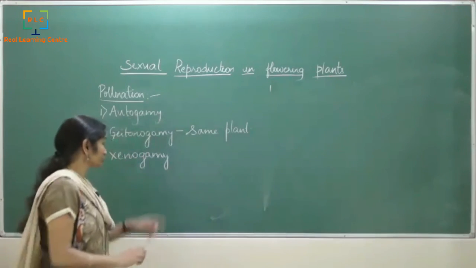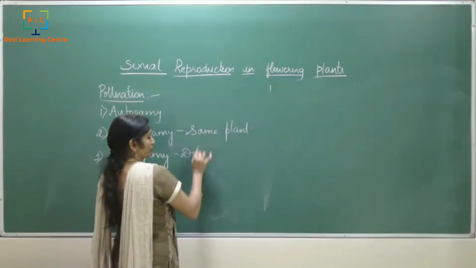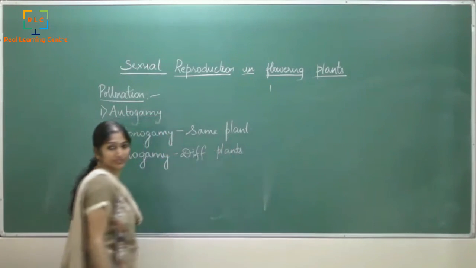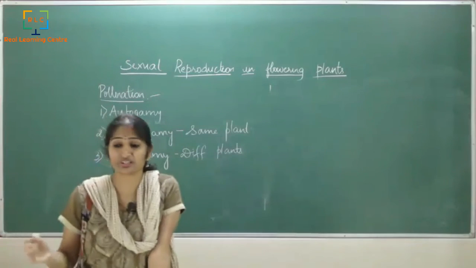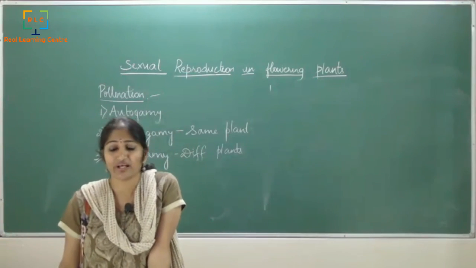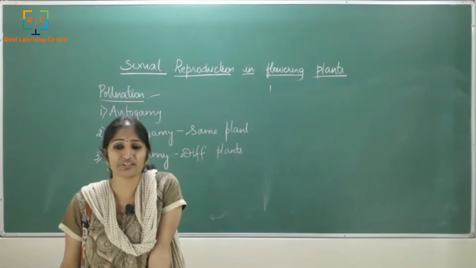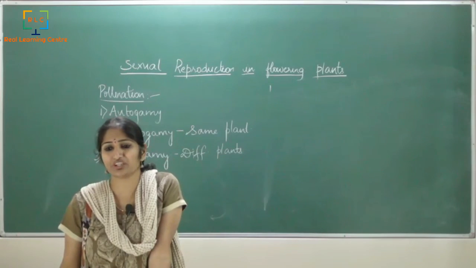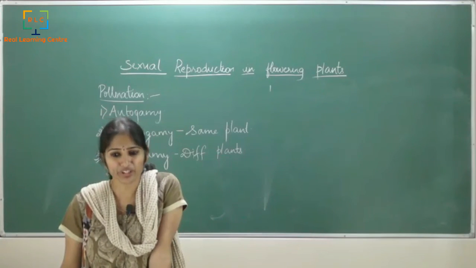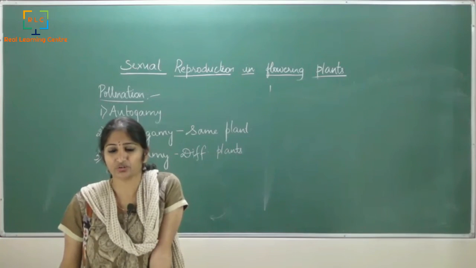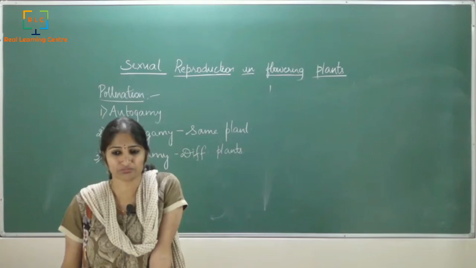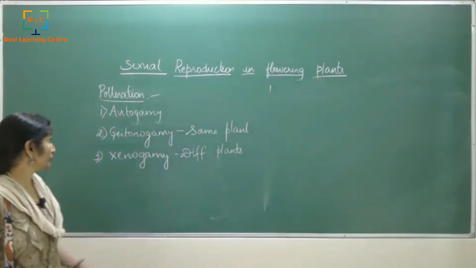Very important, because this leads to the fusion of the gametes from different plants. So they might be genetically different, and since they are genetically different, you see that they have a different ability of adaptation and many more, right? So this is about the different types of pollination.